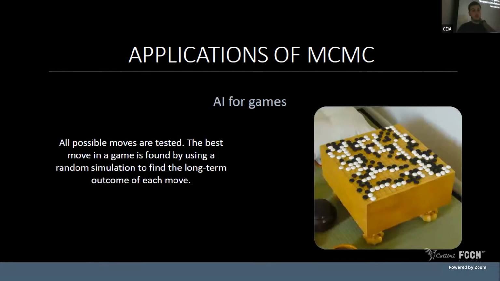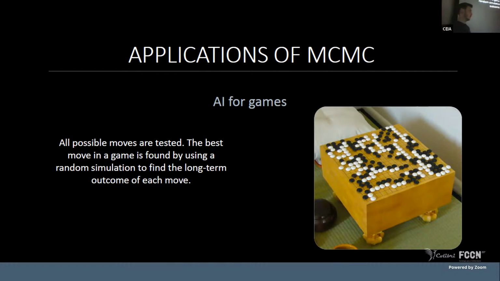And AI for games. So basically, most AI programs that calculate for you the best possible moves, some of them actually use MCMC methods. So basically, they try a possible move, and then the MCMC chain, the thing I explained to you before, does this process and tries every possible response from the other player.